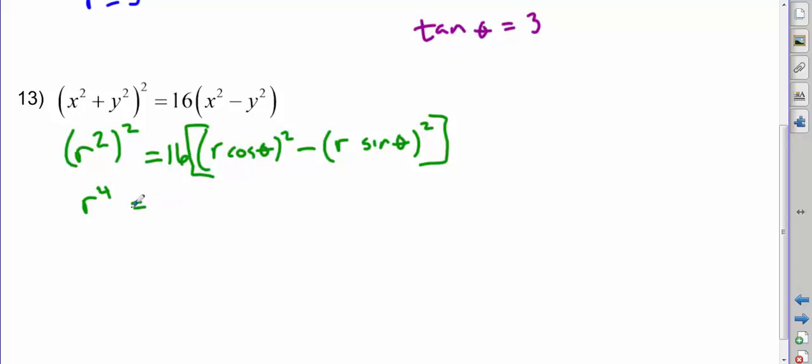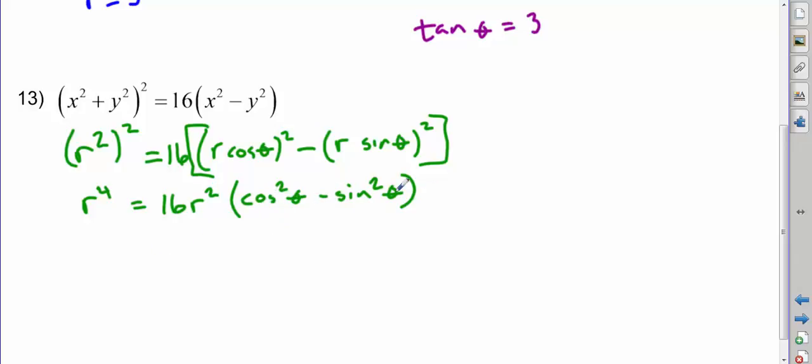So we know the r to the fourth then is equal to 16. These will both have an r squared term in them, so I'm going to factor that out. And what I'll have left is cosine squared theta minus sine squared theta. Now this problem may seem a bit more obscure to some of you because you may not catch this immediately. But folks, if you look on those golden unit circles you have, you'll find some golden information in that.